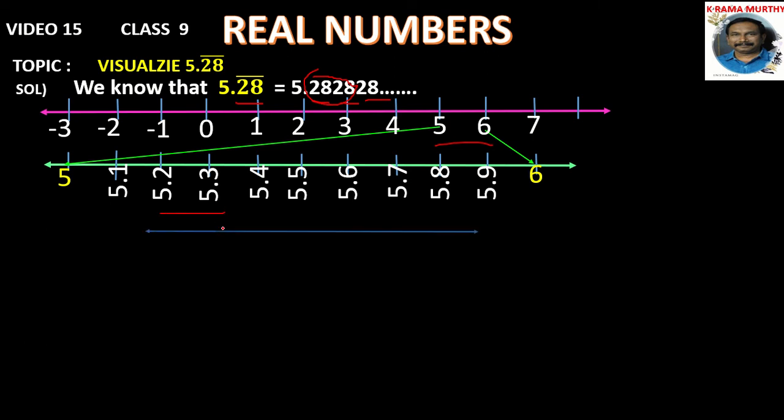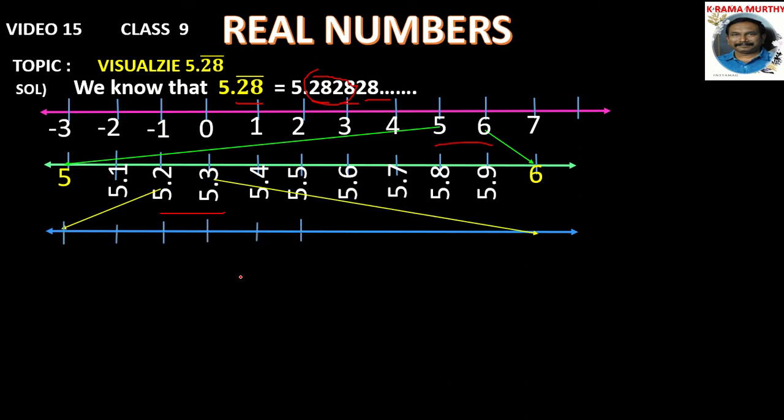So again draw a line and magnify the space between 5.2 and 5.3, hence 5.2 at one end and 5.3 at the other end. In between them we again divide the space into 10 parts.